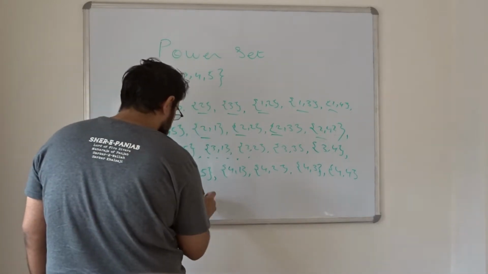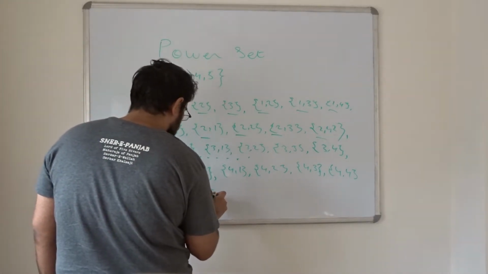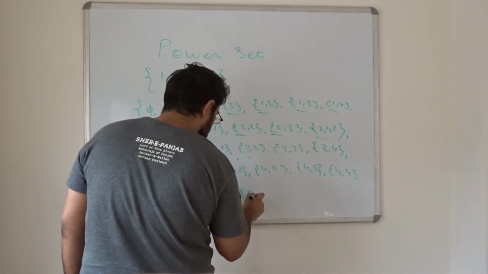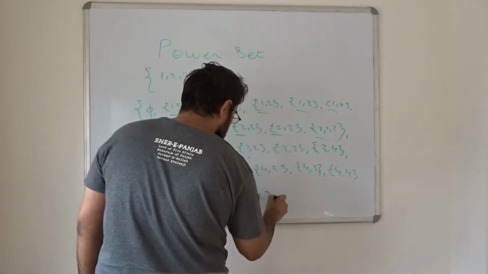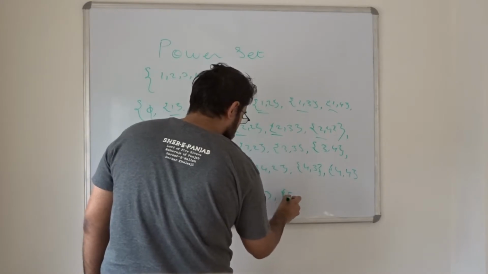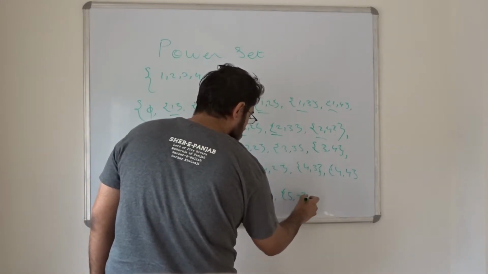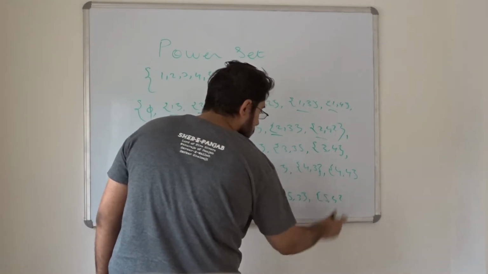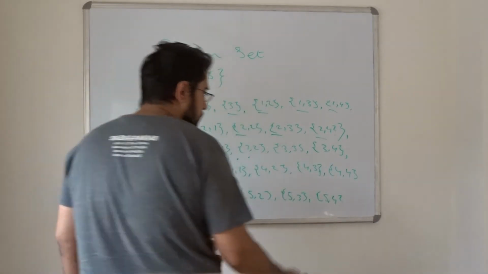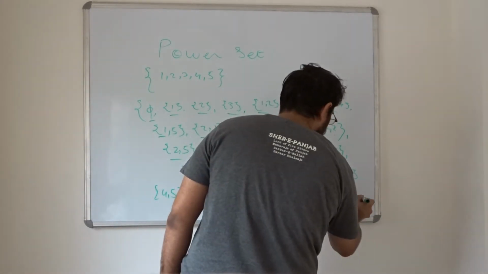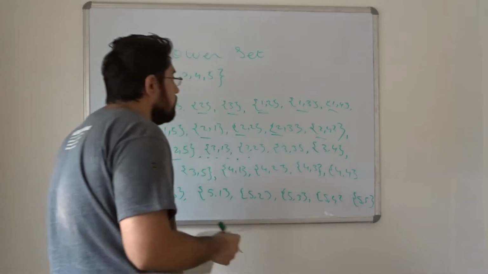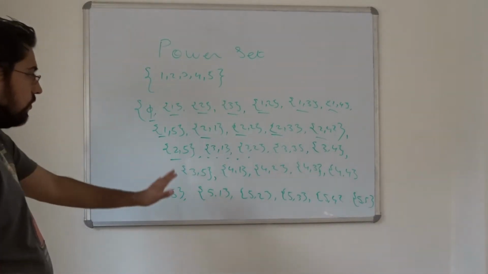So now let's do 5, 1, 5, 2, 5, 3, okay, 5, 4, and oh, magically 5, 5 as well. Magically we got it. Okay, now this is what it is.